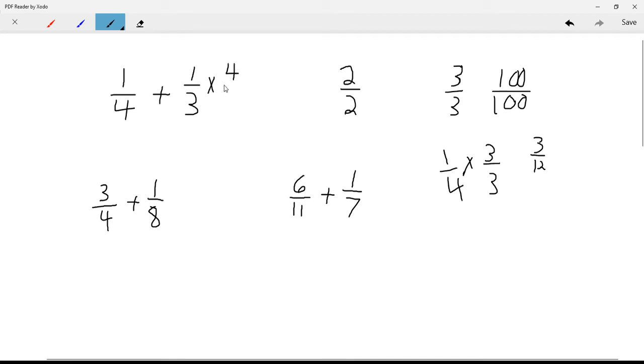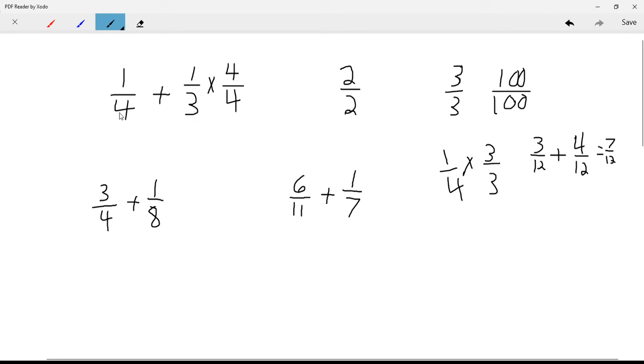I have to multiply this by 4 over 4 to get 12s. And then it becomes plus 4/12, right? 1 times 4 is 4, 3 times 4 is 12. And now all I do is just add the numerators, and this becomes 7/12. Pretty simple.